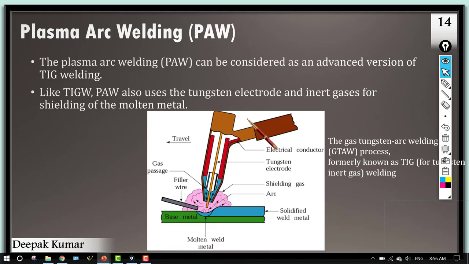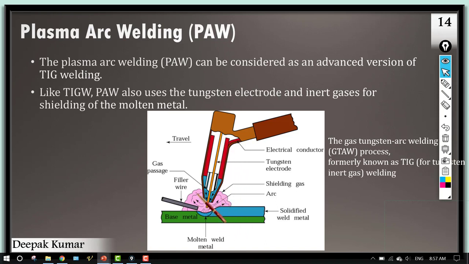So plasma arc welding is considered an advanced version of tungsten inert gas welding. Already we have an idea of tungsten inert gas welding, because in tungsten inert gas welding we use a tungsten electrode. A similar tungsten electrode is also used in plasma arc welding.